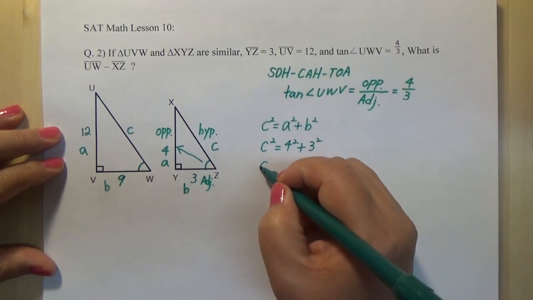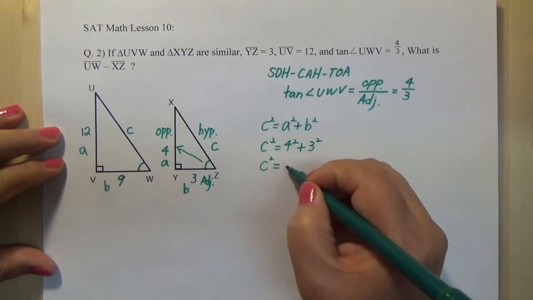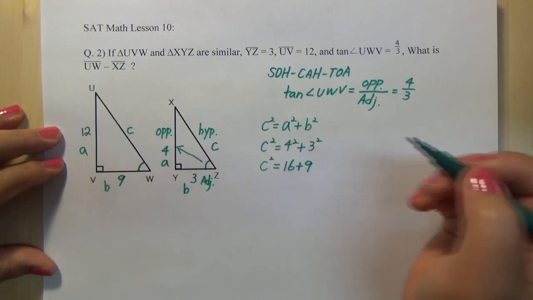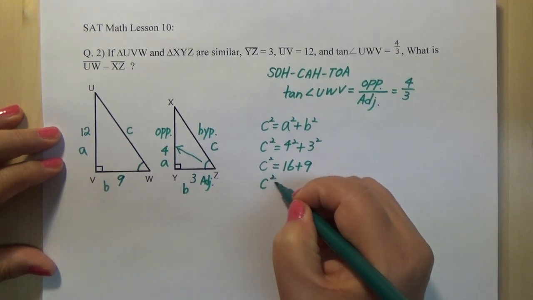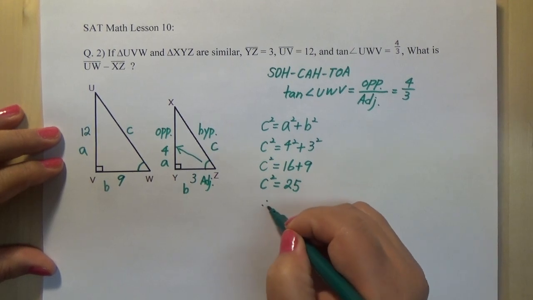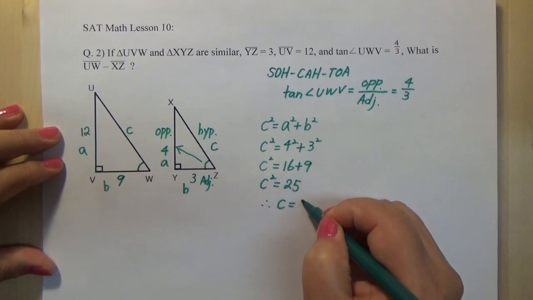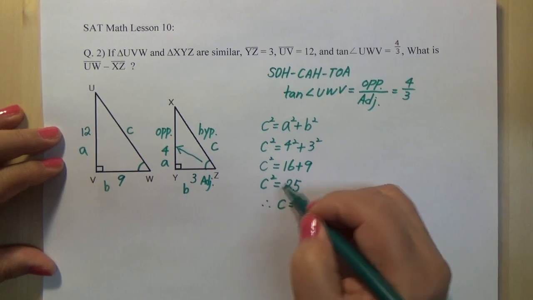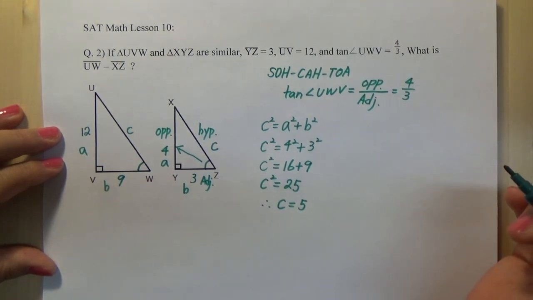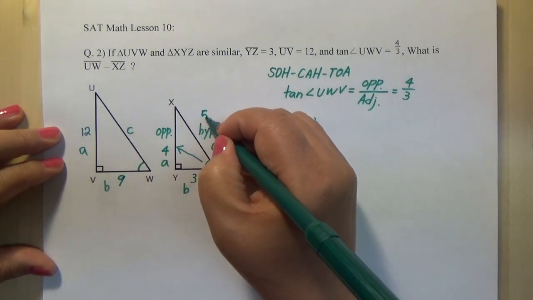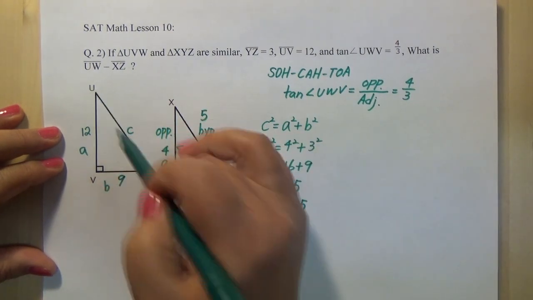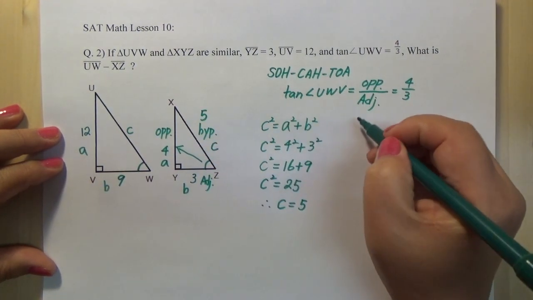So C squared is equal to 16 plus 9, which is 25, and C is equal to 5. So this is 5. We now know XZ.